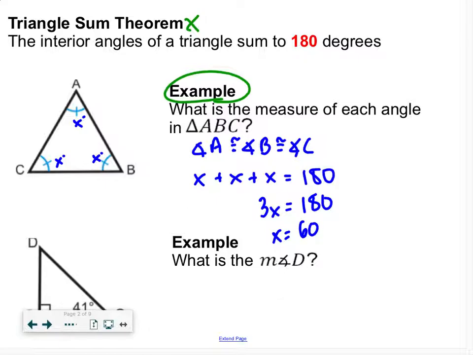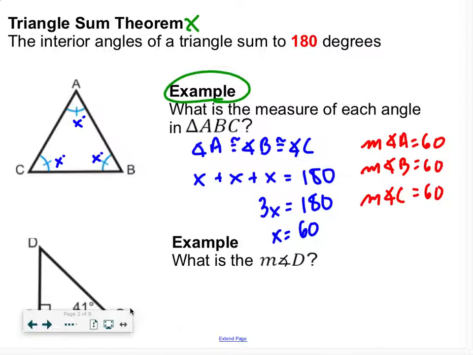So the measure of angle A, the measure of angle B, and the measure of angle C are all 60 degrees. I would put this question probably around a level 1. Should be something that most of us know.